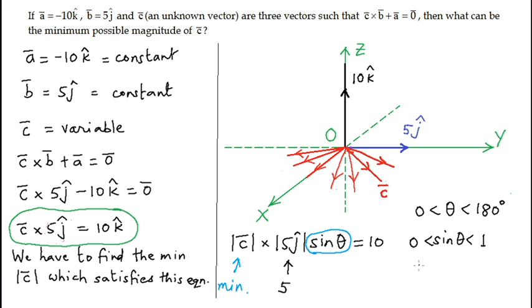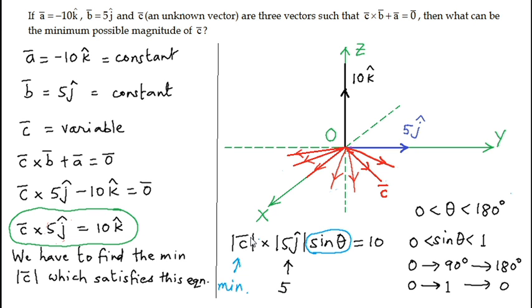This is because as theta goes from 0 to 90 degrees, sine theta changes from 0 to 1, and when theta goes from 90 degrees to 180 degrees, sine theta goes from 1 to 0.